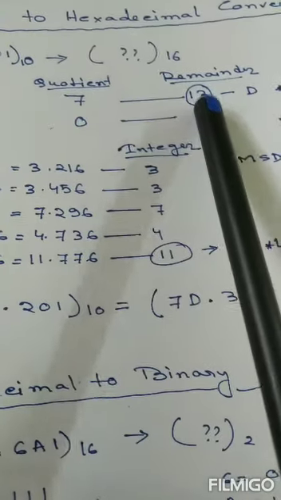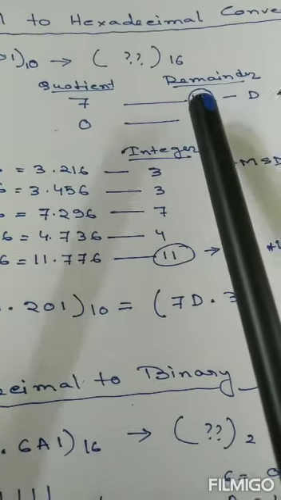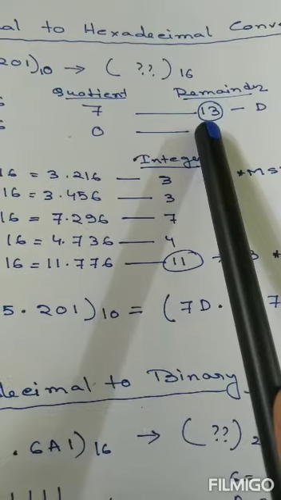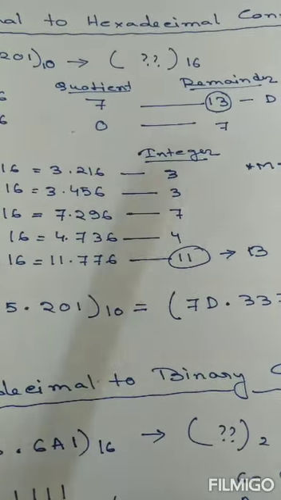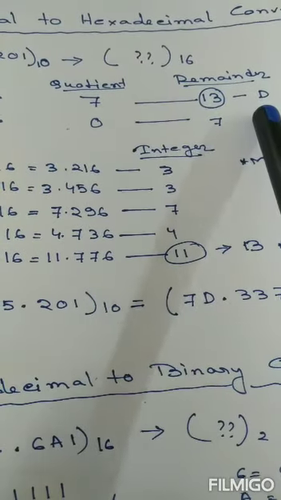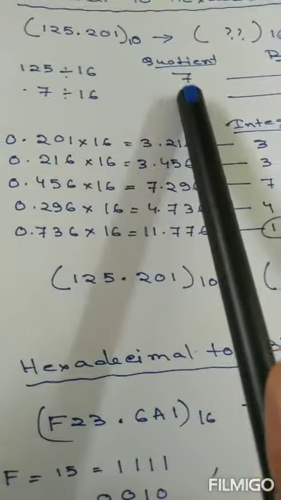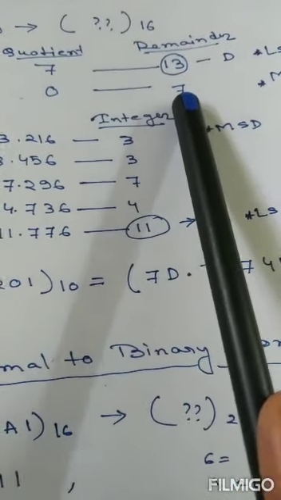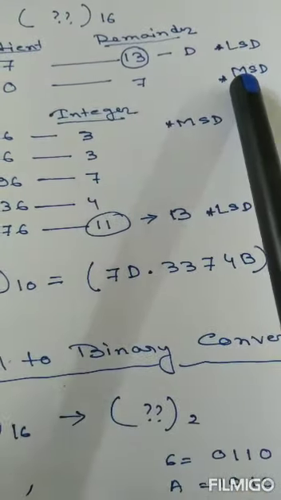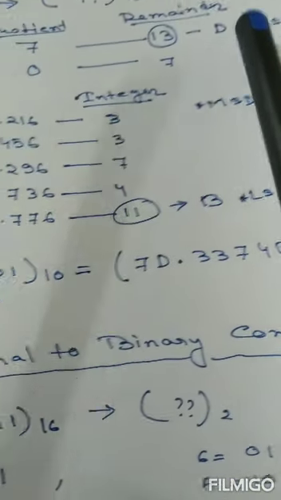Always remember 13 means D. In case of hexadecimal, we write 0 to 9, after that A, B, C, D, E, F. So here 13 means D. Then 7 divided by 16, quotient is 0, remainder is 7. So this 7 is the MSD and D is the LSD.